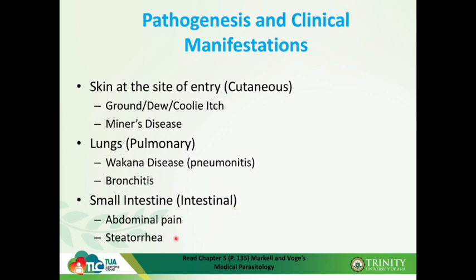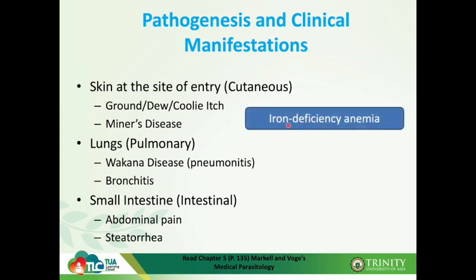But in addition to this, we also noted that hookworms are blood-sucking nematodes, meaning they get their nutrients from our blood. So they attach to our intestinal mucosa and then suck the blood that can be found there. Therefore, after a significant length or duration of infection, it can cause iron deficiency anemia.